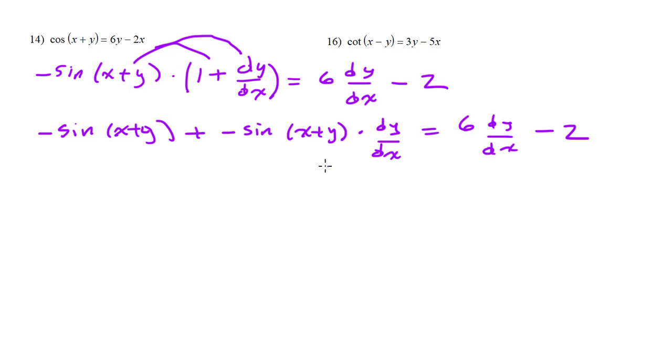And I want to get the dy/dx's together and get the other stuff that doesn't have a dy/dx to the other side. So let me add this term to the other side. So I'm going to still have negative sine(x plus y) dy/dx.